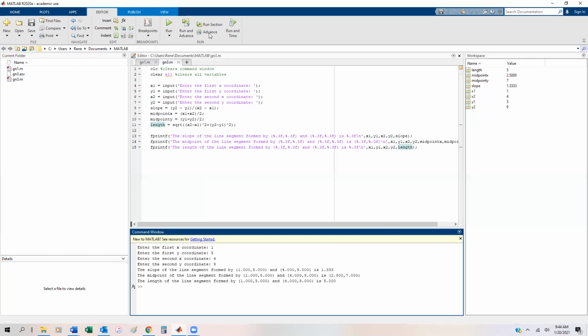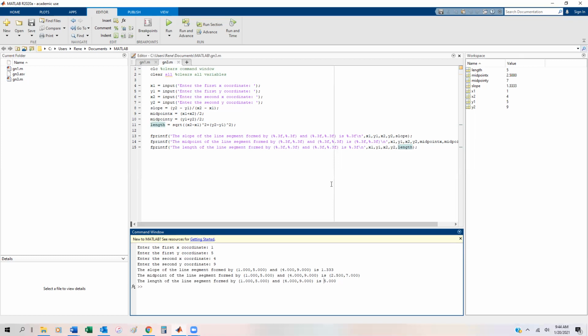All right, so slope looks like it's pretty good. 9 minus 5 is 4, 4 minus 1 is 3, so 4/3, that's good. Halfway between 1 and 4 is 2.5, halfway between 5 and 9 is 7, so that's good. And then we tried to make it Pythagorean, so 4 minus 1 is 3, 9 minus 5 is 4, so we do get the 3, 4, 5 right triangle, which gives us the exact length. All right, so it looks like it works for us.